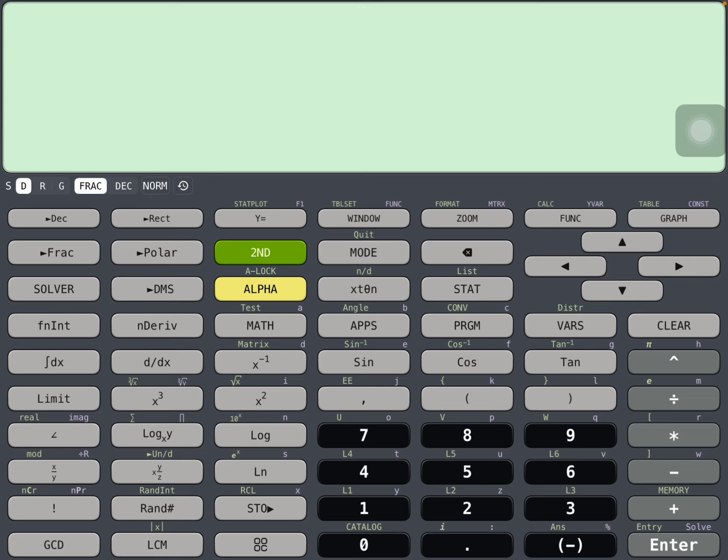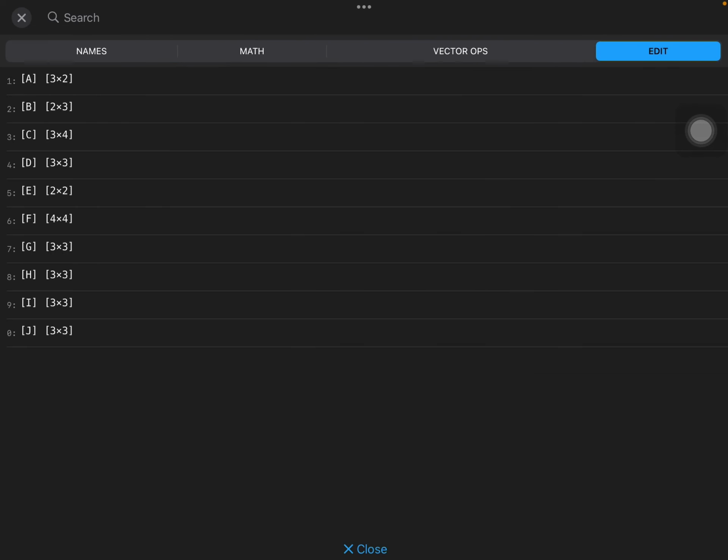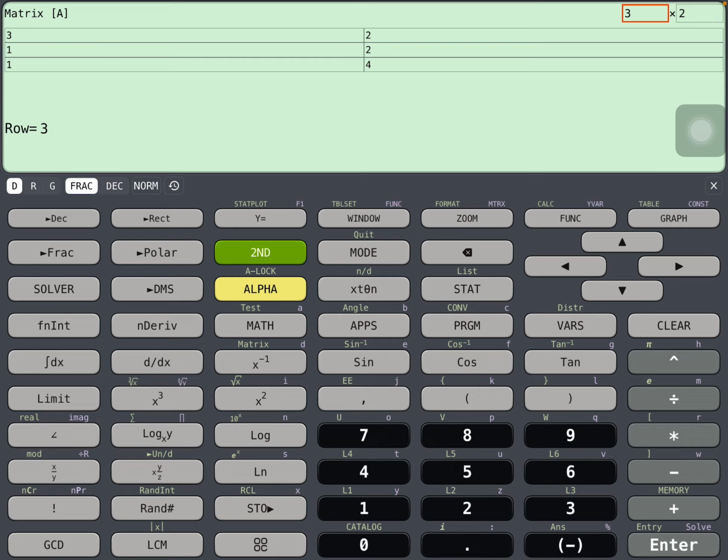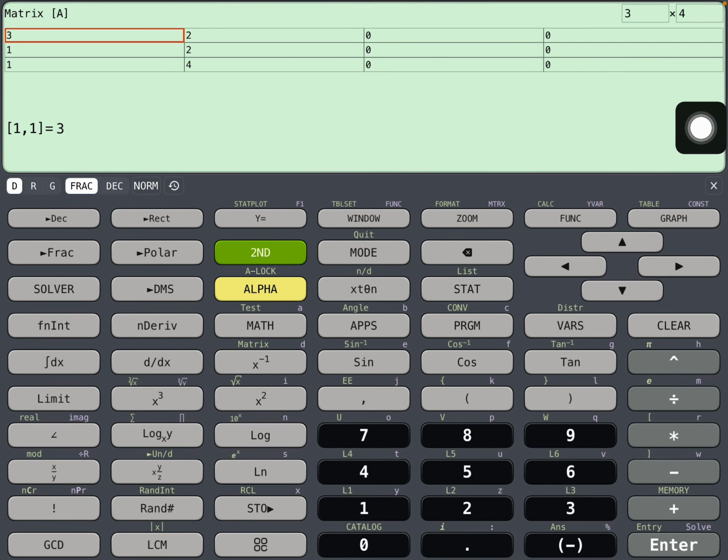We're going to go with second, matrix, and then edit the first one. We've got a 3-row, 4-column matrix. We're just going to type in the coefficients: 5, 3, 7, 32.